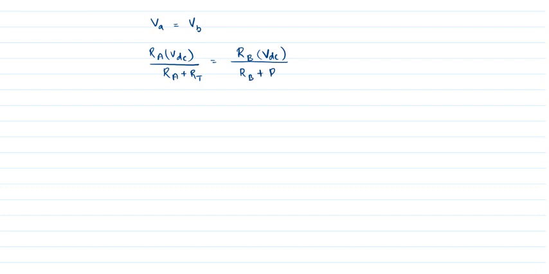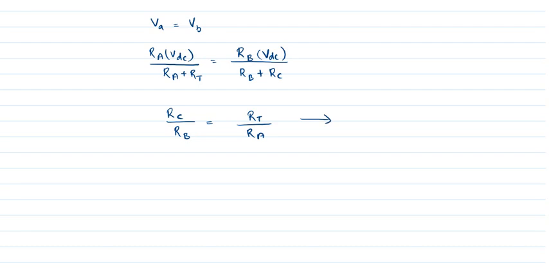So this is the general equation, and VDC will cancel, and we can write it as RC by RB equal to RT by RA.